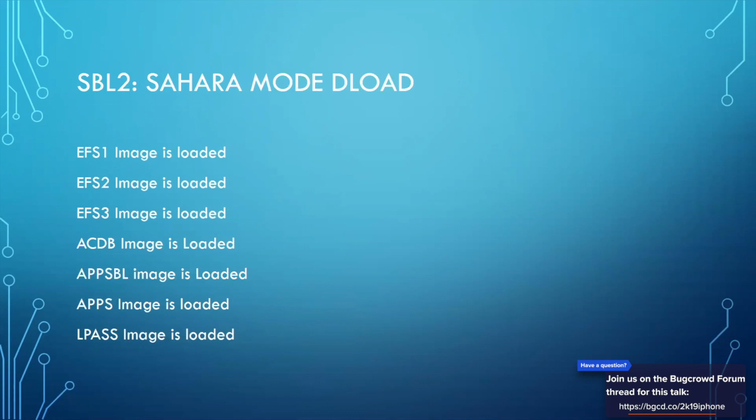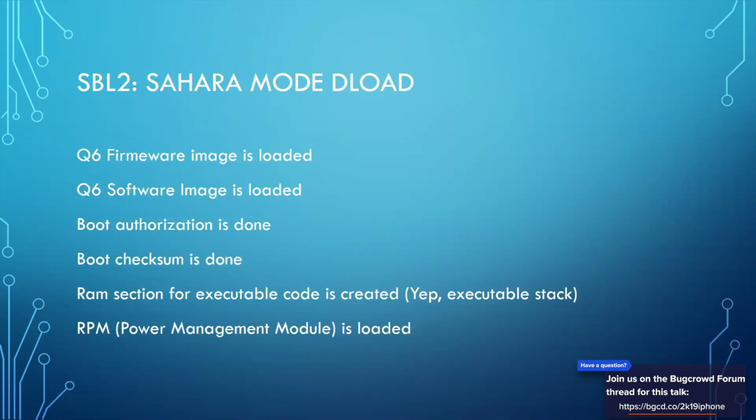At first the file system is loaded, then the internal apps bootloader, and then the firmware and software images are loaded for the processor. The boot authorization is done, and a checksum is done to verify that the boot succeeded completely and everything went fine. The run section for executable code is created.